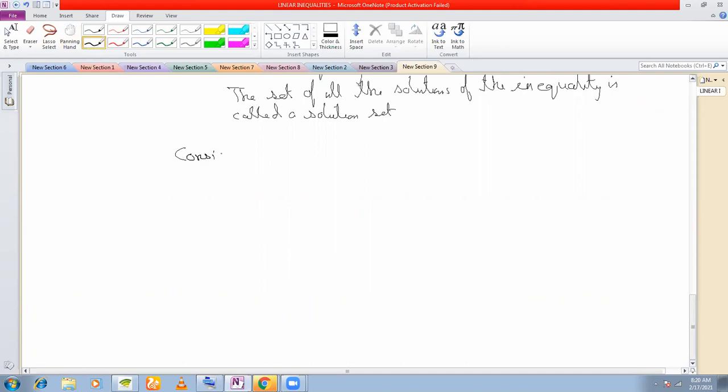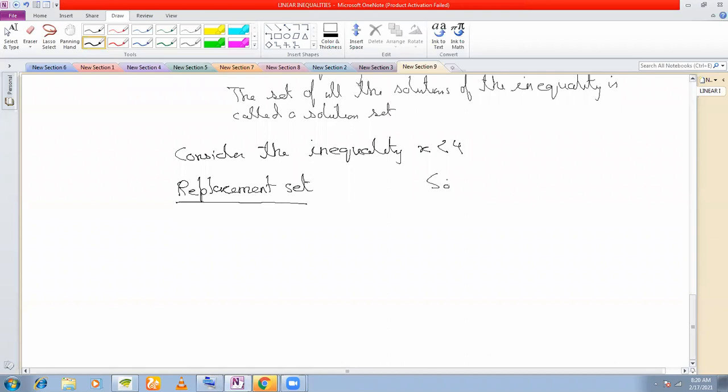Consider the inequality x less than 4. Now I give you the replacement set for this inequality, and you need to find out the solution set. Suppose I give you the replacement set as first the set of natural numbers.